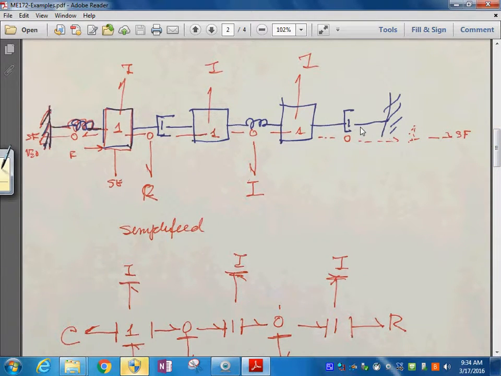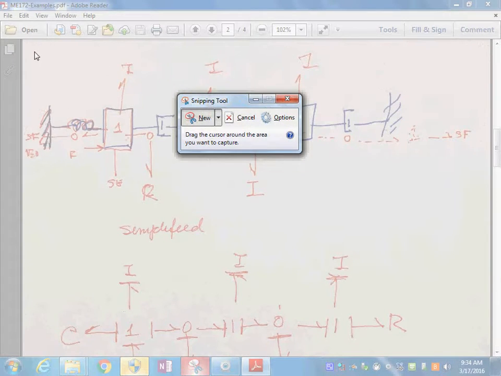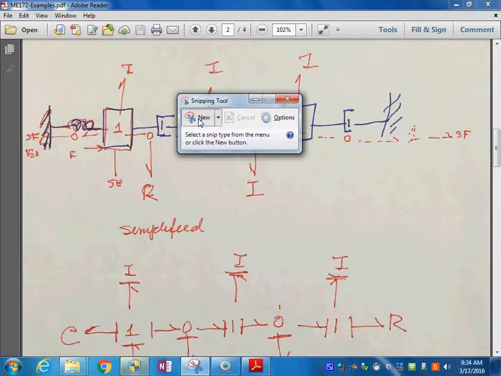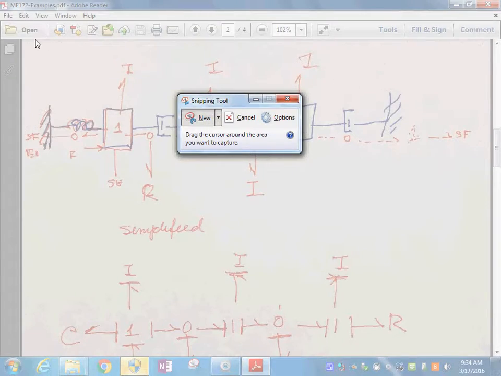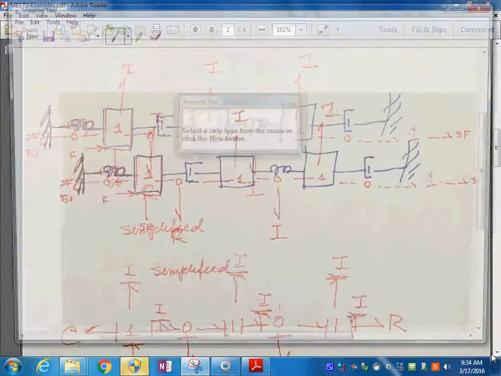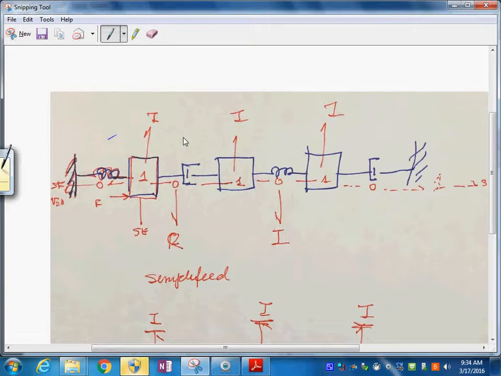Let's try here. You see on this side, I need the red pen so that we do it right. Okay, right here we need this R element, see, this one.